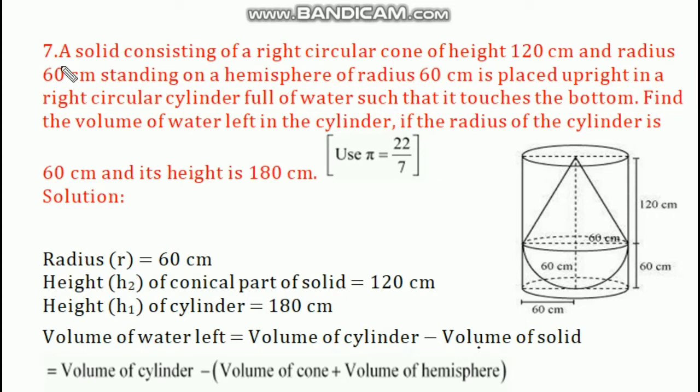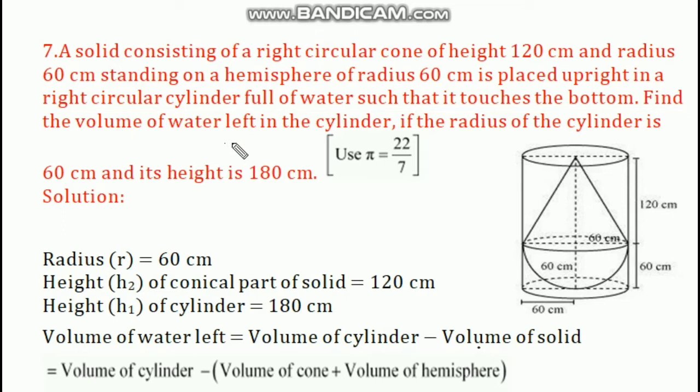Students, let's discuss exercise 13.2, seventh sum. A solid consisting of a right circular cone of height 120 centimeter and radius 60 centimeter standing on a hemisphere of radius 60 centimeter is placed upright in a right circular cylinder full of water such that it touches the bottom.